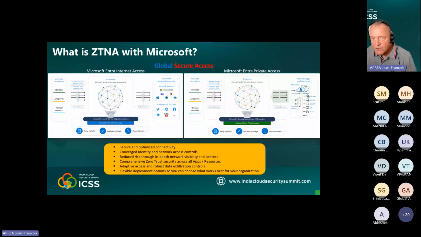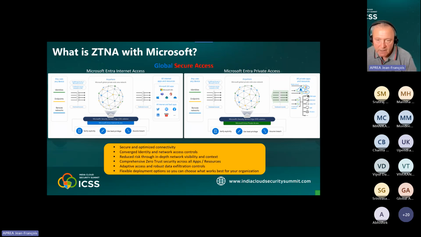A little focus on the zero trust network architecture with Microsoft to provide global secure access. The idea is really to tunnel the connection, the exchange between the Microsoft Cloud and the corporate network. So we have two types of connectivity.